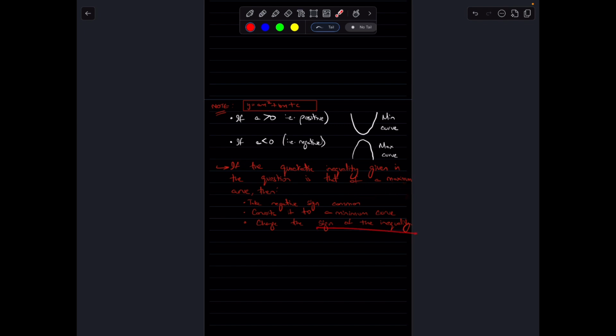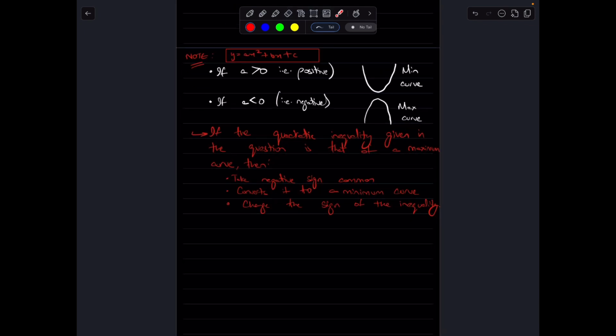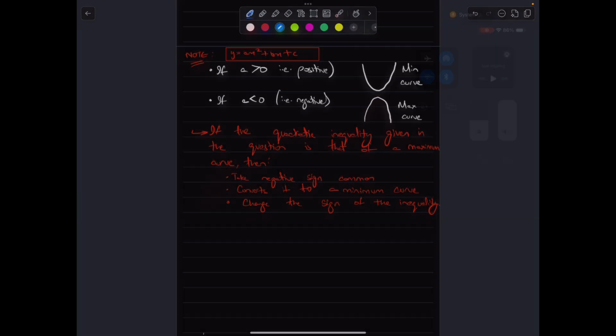But appreciate the fact that doing so will convert it to a minimum curve. So in this chapter, whenever we have a maximum curve, always take the negative sign common. Doing so would change the sign of the inequality and would also convert it to a minimum. So now let's take a few examples.